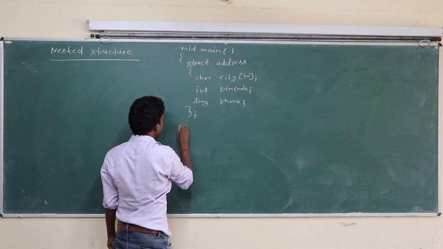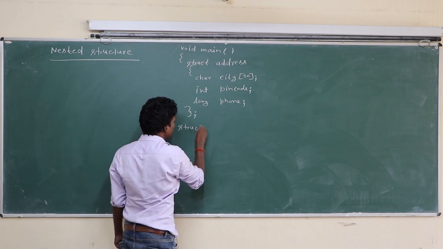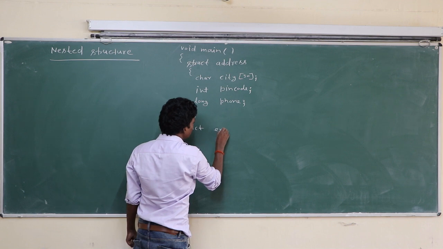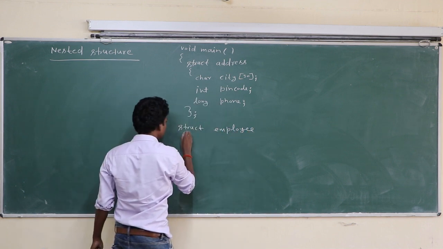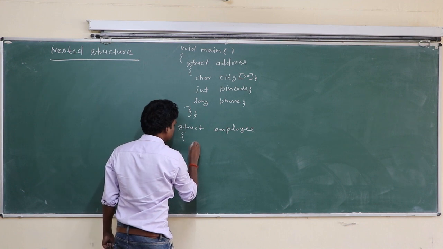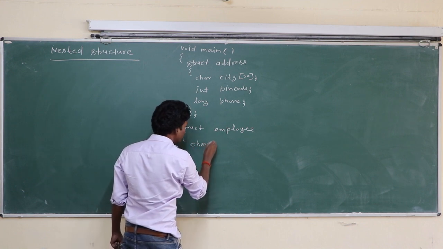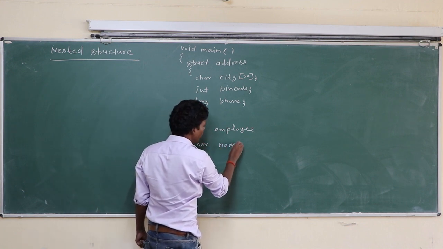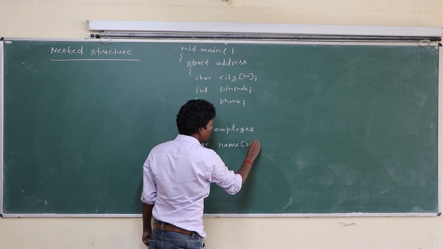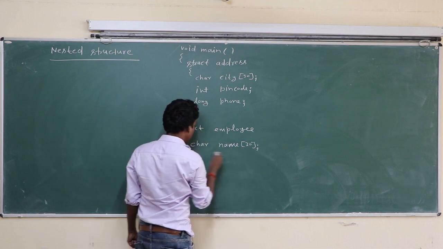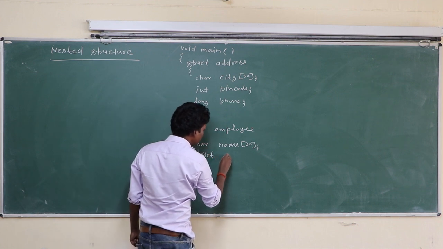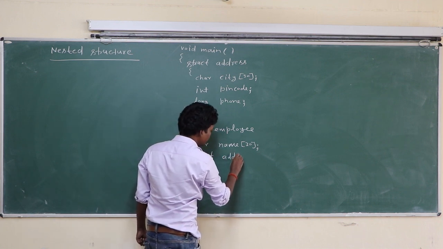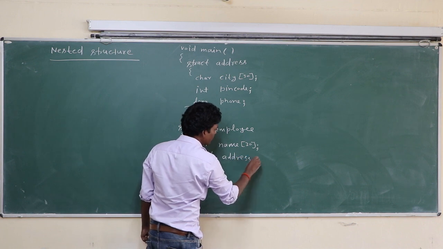Struct employee. Here is a char name of employee, basically, and struct address a.